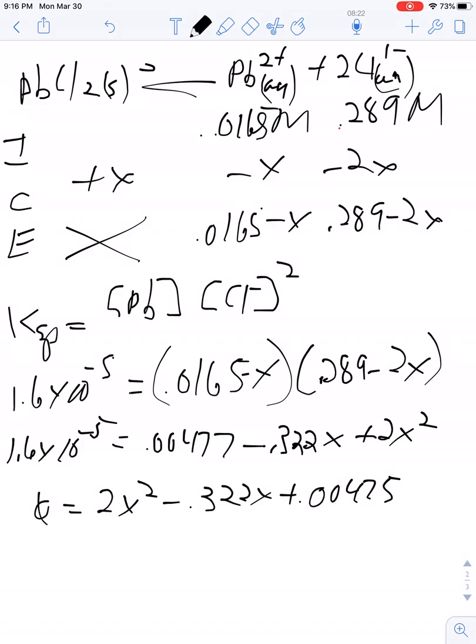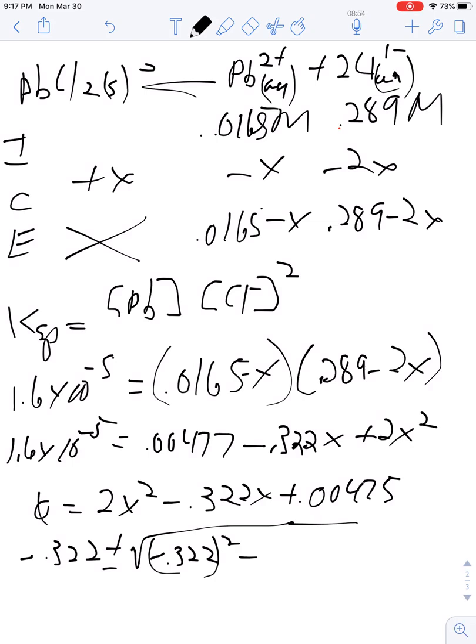And now let's do the quadratic equation. So I'm going to have negative 0.322 plus or minus the square root of negative 0.322 squared minus 4 times 2 times 0.00475, all over 2a.